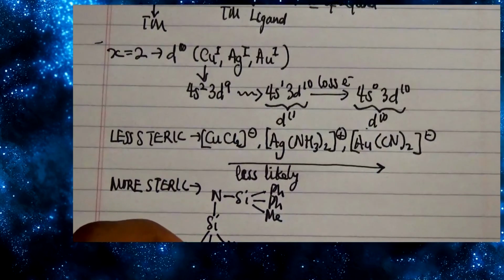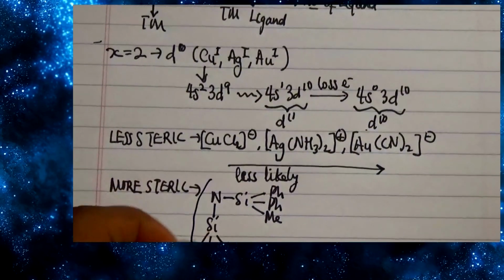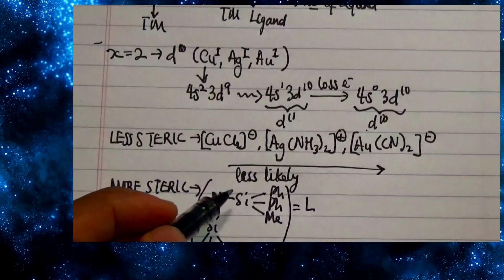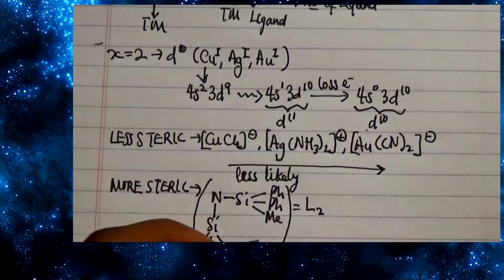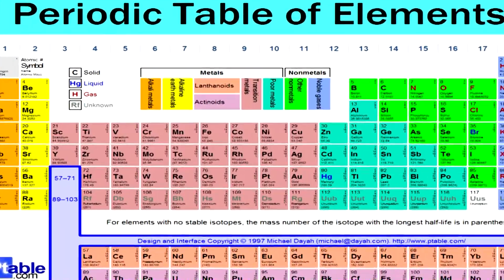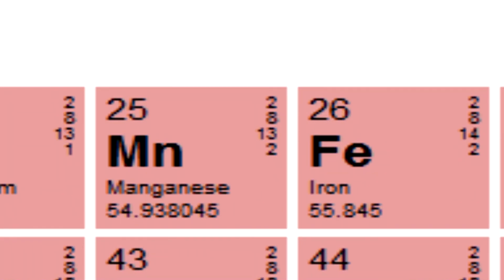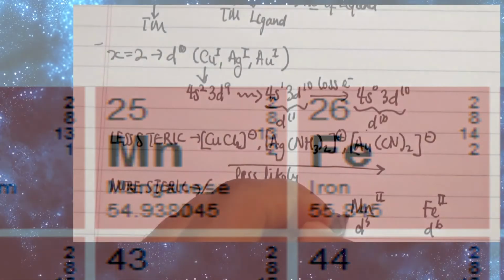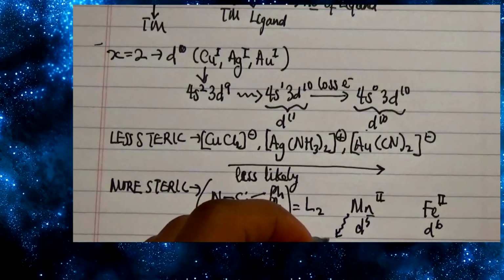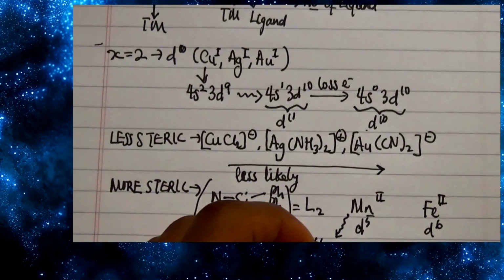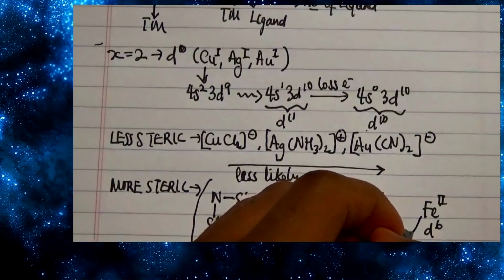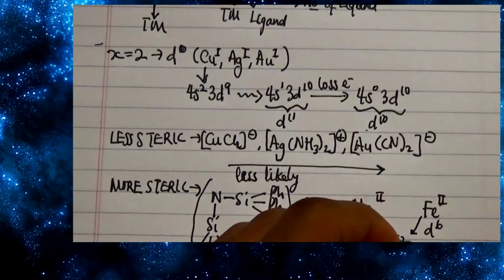So what we notice in this case is that if you interact our ligand, and you have two of them, with one metal, which is manganese 2 with a d5 electron count, and on the other side iron 2 with a d6 electron count, this has a higher ionic radius, in the range of 66 to 96, compared to iron, which is 63 and 92.